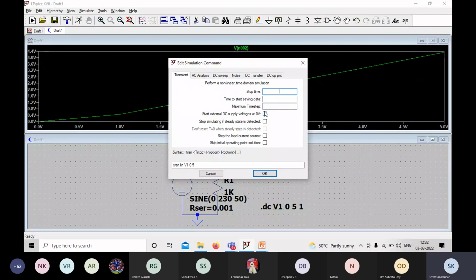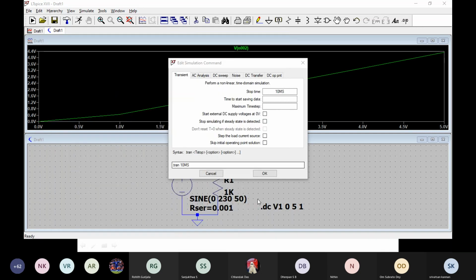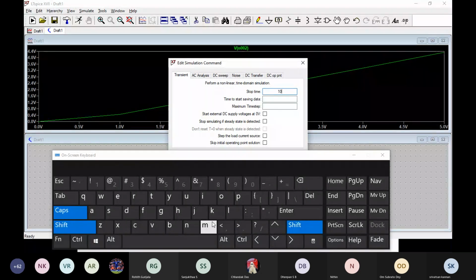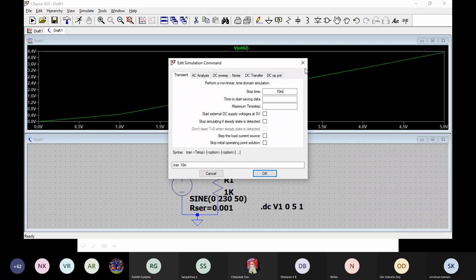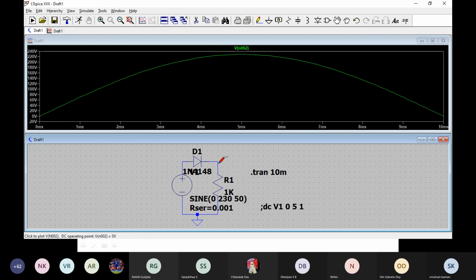Stop time, give some 10 milliseconds or something. Next, simulate it.